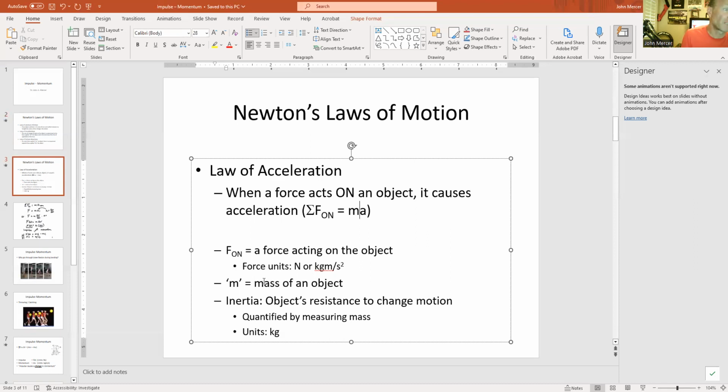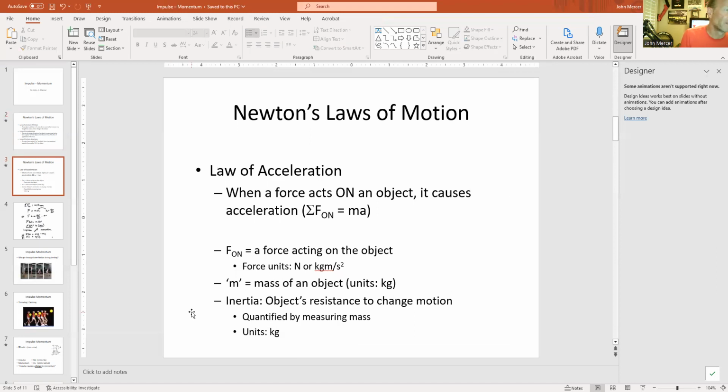F on is the force acting on the object, units of newtons, or remember the base units are kilogram meters per second squared. Mass of the object, units are kilograms, units of mass. It's a measure of inertia. Inertia is an object's resistance to change in motion. It's quantified by mass.